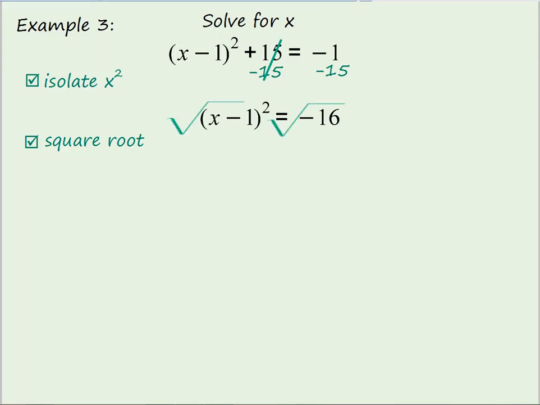What I do to one side, I have to do to the other. On the left-hand side of my equation, the square root and the squared simply cancel each other out, and I get x minus 1. On the right-hand side of the equation, I get positive and negative square root of negative 16.